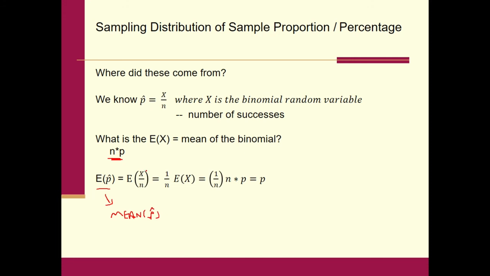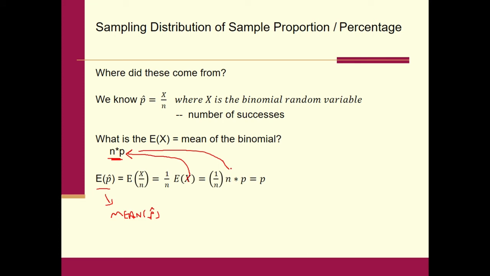We know that p-hat is x over n. n is a constant, and when it comes to expected value, we can just move it outside. So it turns out to be 1 over n times the expected value of x. Well, what did we just say the expected value of x is, based upon it being binomial? It's n times p.